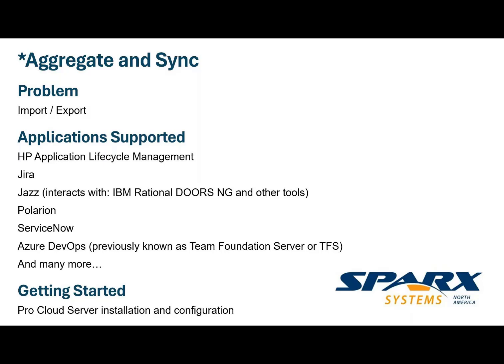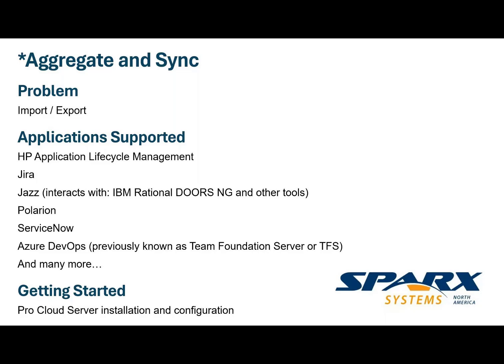And applications that are supported are things like HP's Application Lifecycle Management, Jira, Jazz, which has changed its name, Polarion, ServiceNow, Azure DevOps, and many others. And again, Peter Leiber's talk gave a good overview slide of what sort of additional integrations are part of this capability.